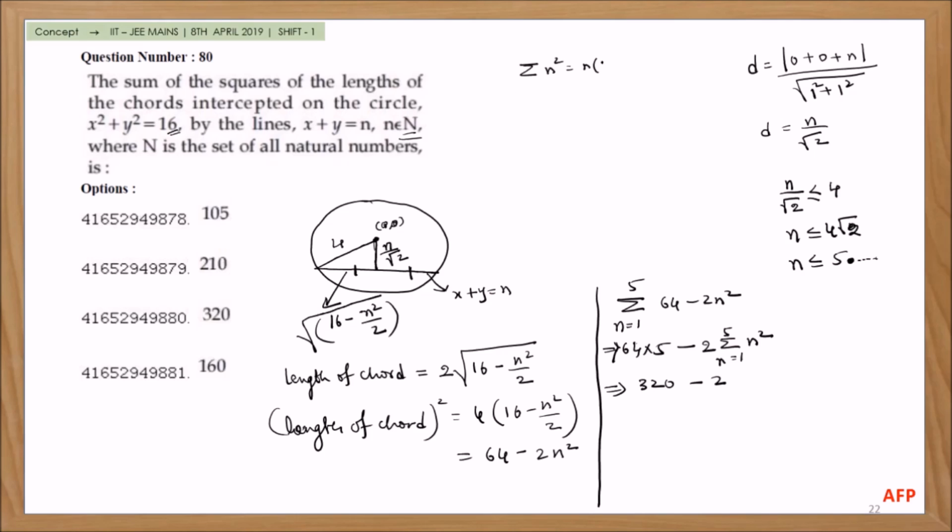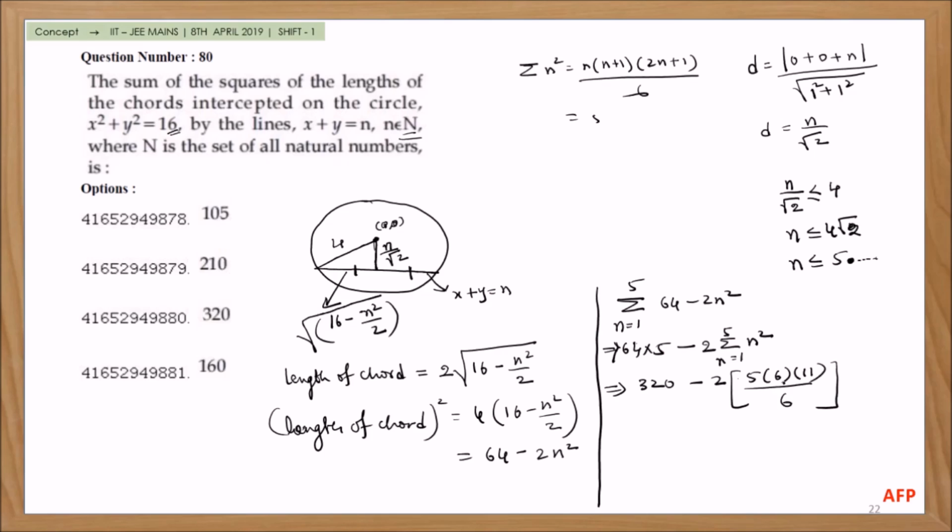So what is the summation of n square? It is n into n plus 1 into 2n plus 1 divided by 6, is the formula. The maximum value is 5, so you can write 5 into 6 into 2n plus 1, so 10 plus 1, you are getting 11, divided by 6.